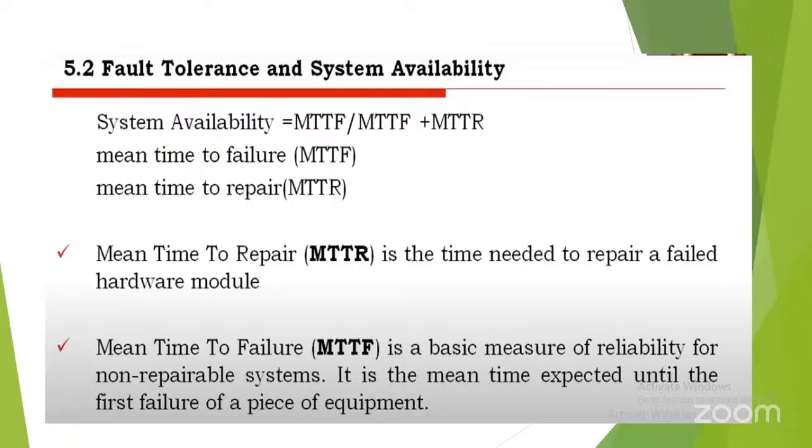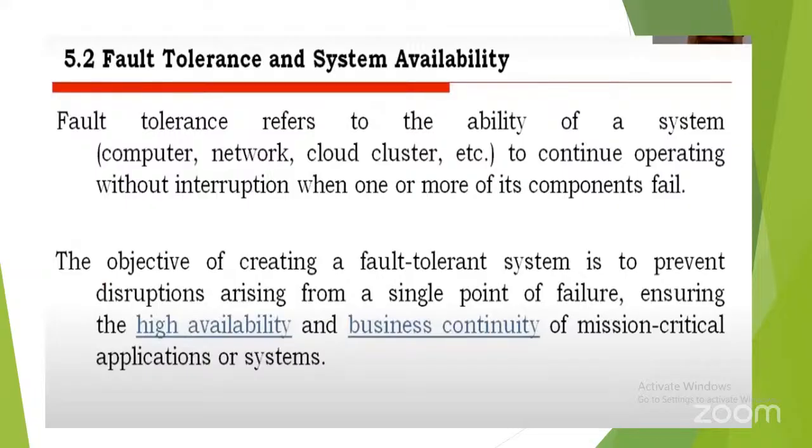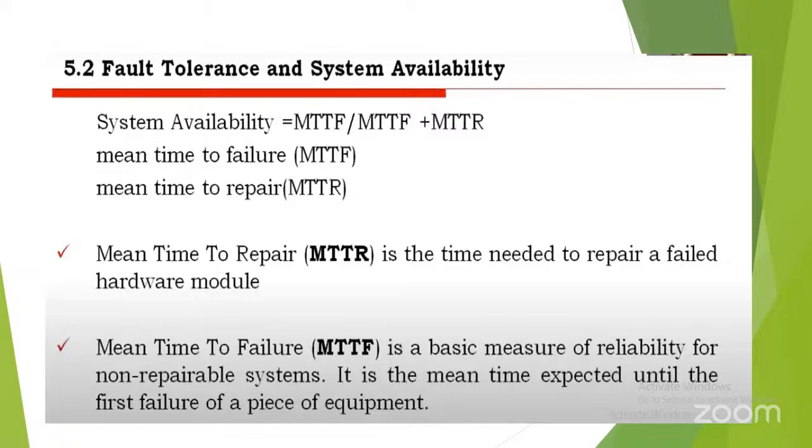Have you noted this, most important? Noted? Then note this one. Fault tolerance and system availability can be measured by a formula. System availability can be measured by two variables, MTTF and MTTR. MTTF is mean time to failure.